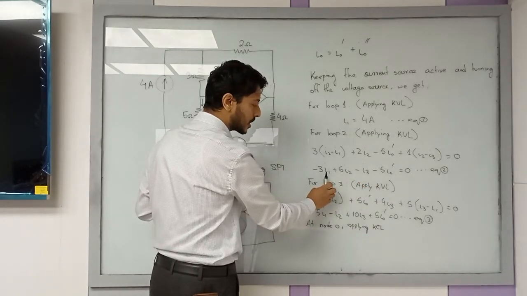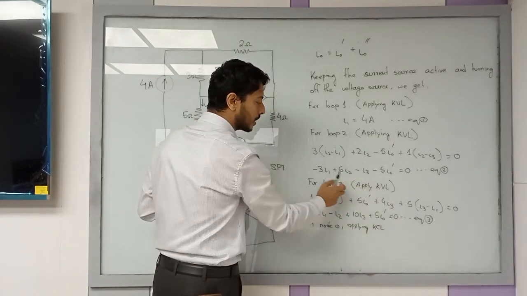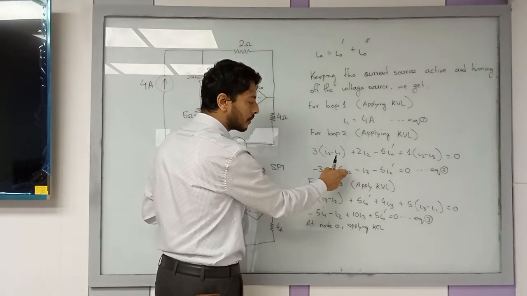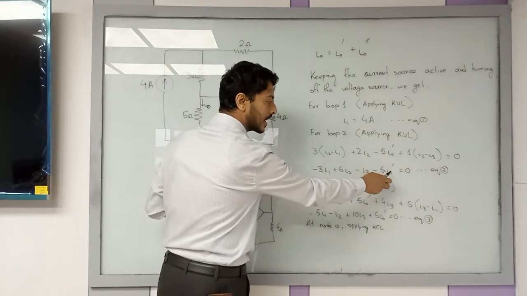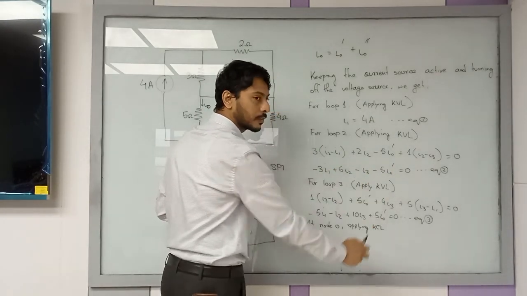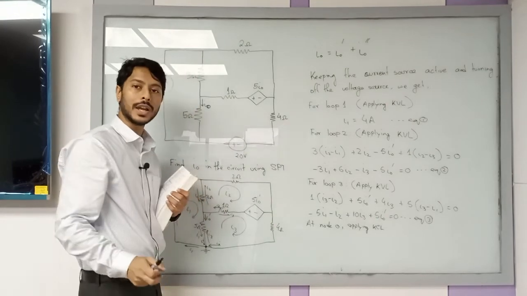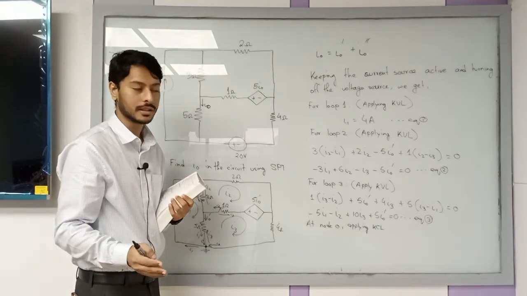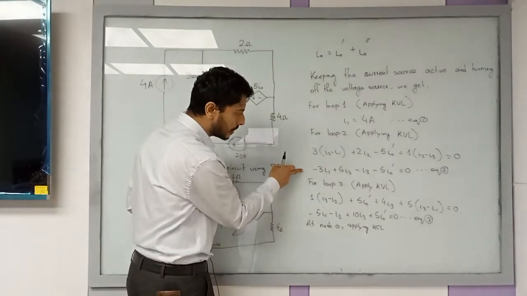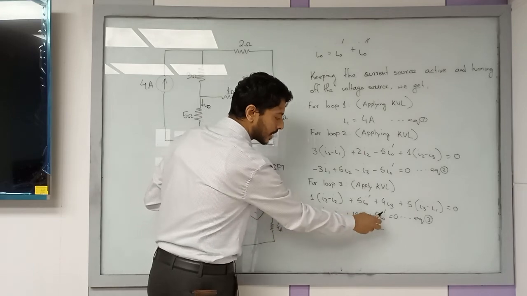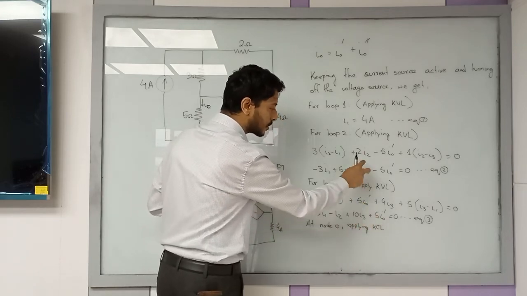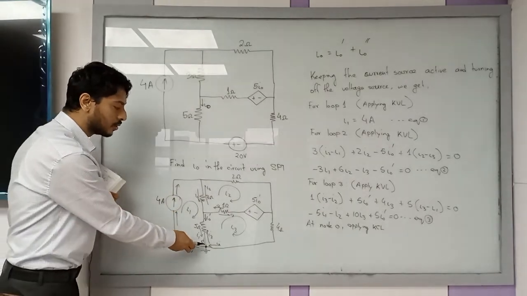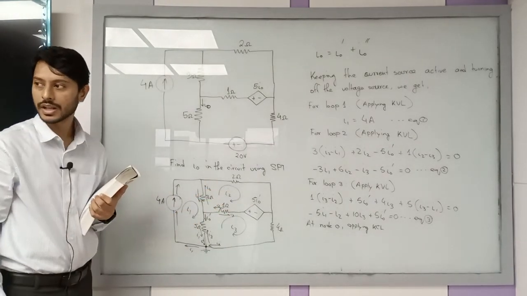Basically, the mesh currents are I1, I2, and I3. You already know mesh current I1, so the two unknown terms are I2 and I3. But there is another current, I naught prime, which you need to replace first to find I2 and I3. You have two equations which contain I naught prime, so you need a third equation to solve that problem.